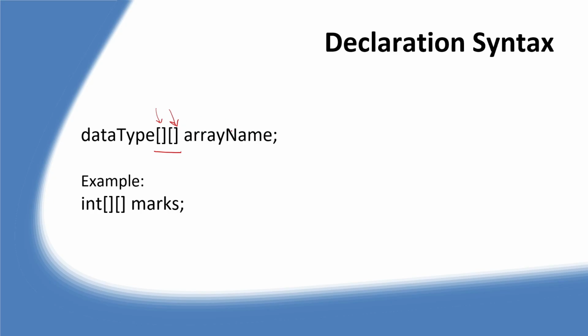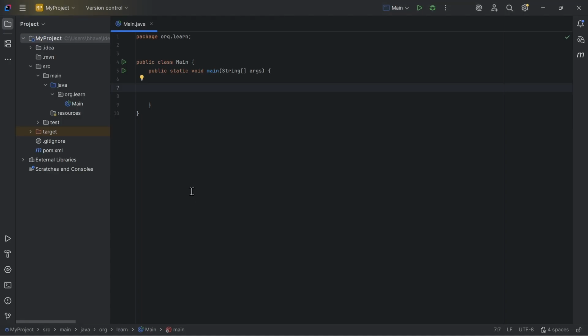Here in this example, marks is a two-dimensional integer array. Why two-dimensional? Because here it is an array of arrays. So let's move to IntelliJ and see the example.